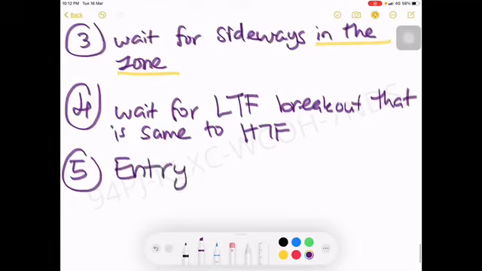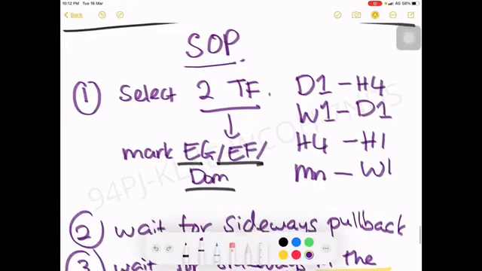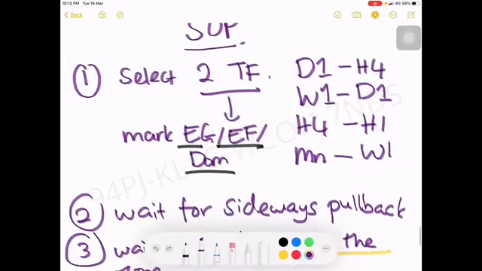And number 4, wait for lower time frame breakout, that is same to, I will show it to you later in the chart.